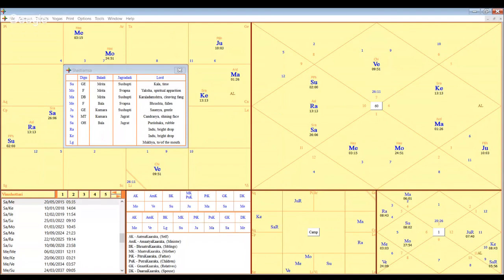I can take a look at it while I'm doing this. So Mars here is conjunct Ketu, right? And basically you've got Ketu and Moon in a Yaksha Shastiamsa deity. So that helps us to understand that. Ketu is in a Hindu Shastiamsa.